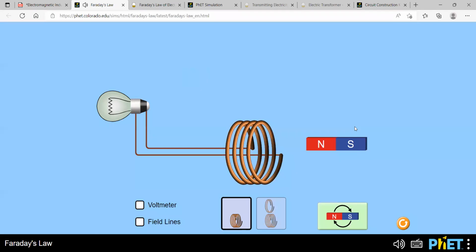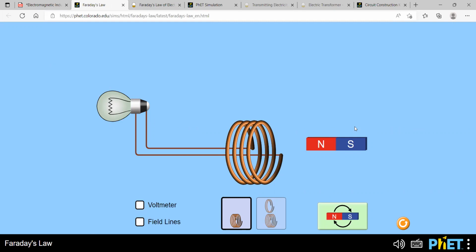Here you see that we have a circuit, and this circuit is not connected to any battery or potential difference. As you know, the important component in a circuit is the voltage source or a battery, right?